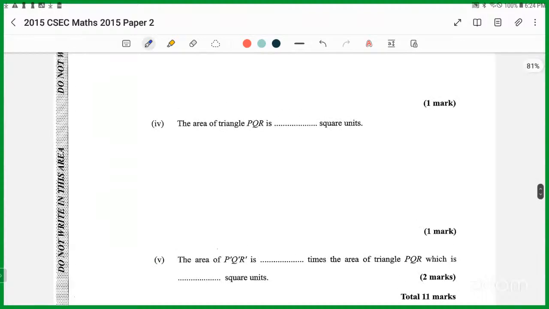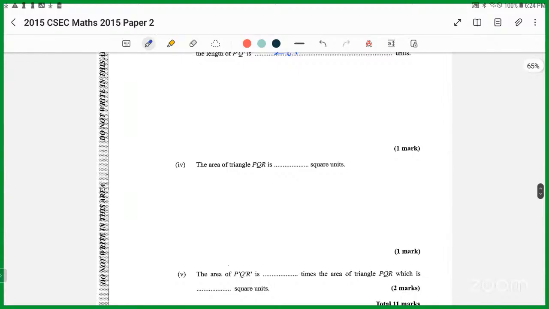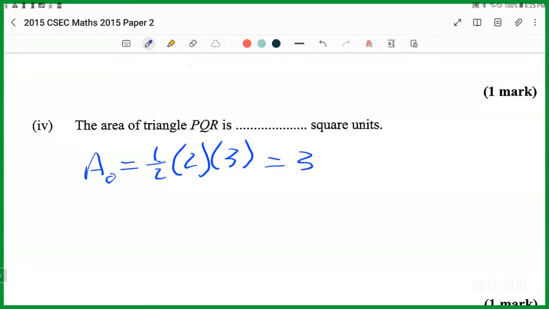Just show the working: half times 2 times 3. That's the area of the object, which is 3 units squared. So write 3 squared units on this.